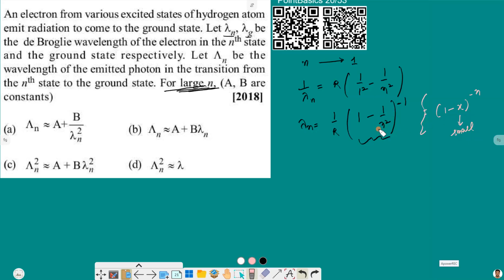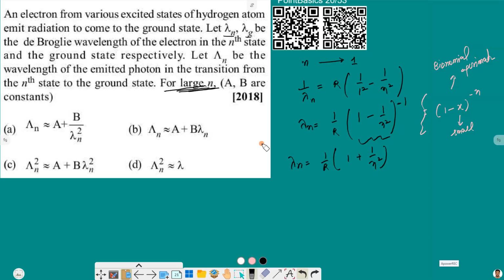So we are replacing 1 by n square by x, that is very small. So we can use the binomial approximation. This will become lambda n is equal to 1 by R into 1 plus 1 by n square. This is the binomial approximation.